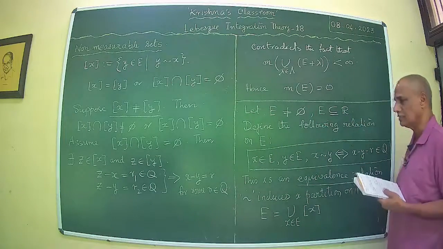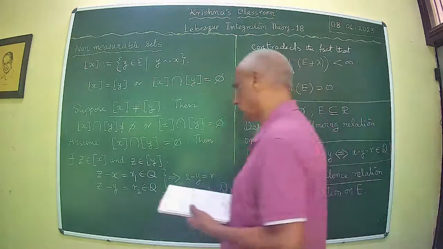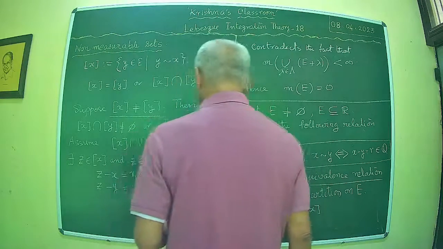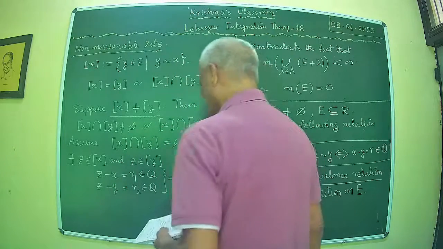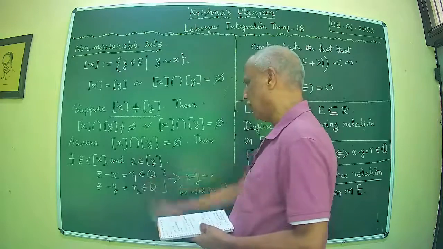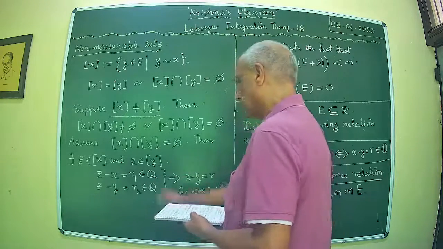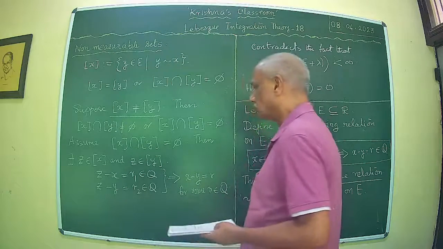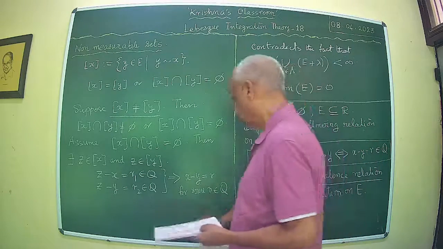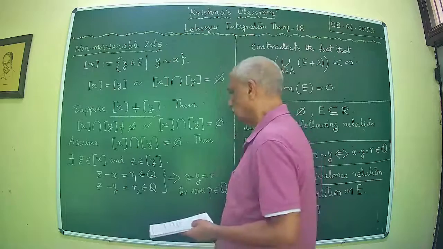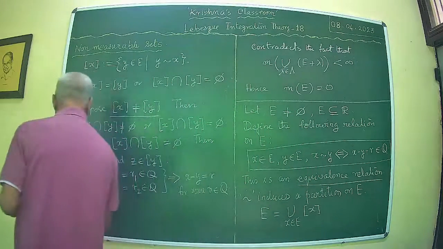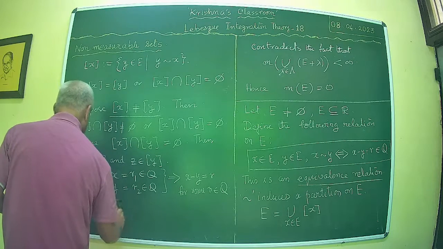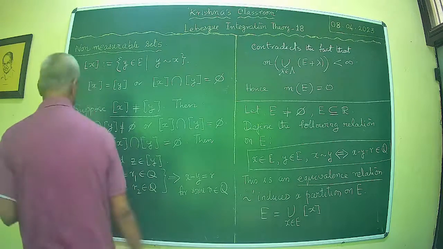okay, then you get y minus x is some rational number, given by the difference of r1 and r2. Okay. Which implies that's a contradiction.